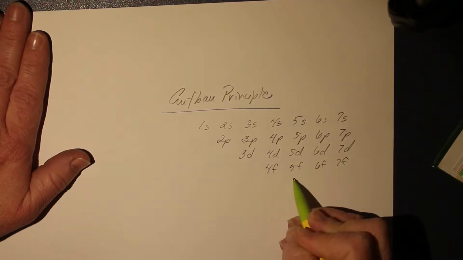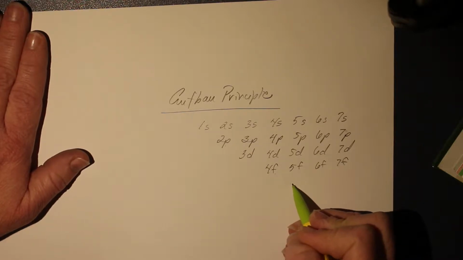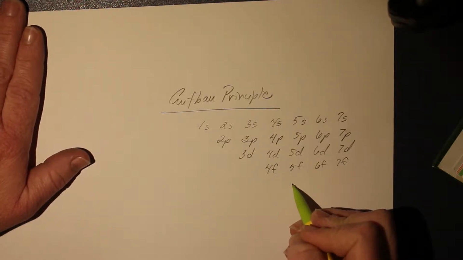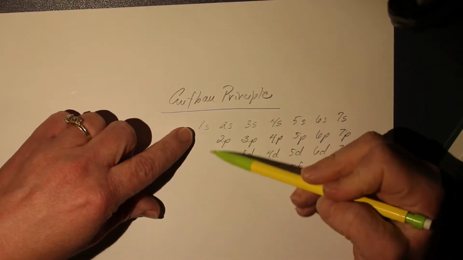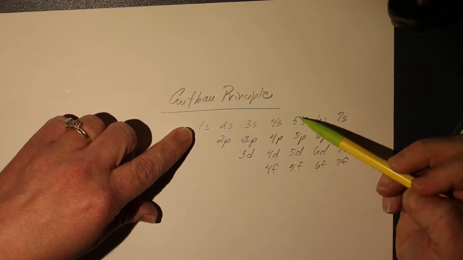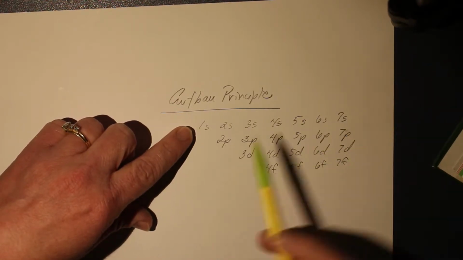And actually, here's where we would first see a g. However, our ground state elements will not have any electrons in the g sublevel. So vertically, this shows us the sublevels that are contained in each energy level.